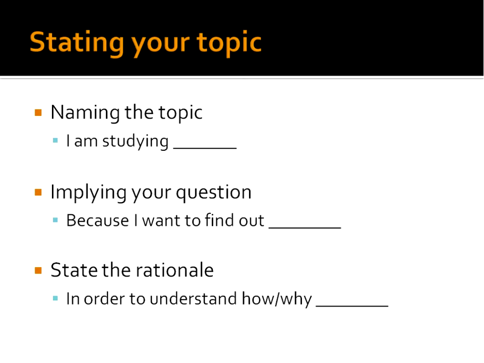It's a good way to think about what I should be submitting for this particular assignment, but also being able to talk about this topic with your professor. Professor, I need some help with my paper. Okay, well, what are you doing? What are you studying? I'm studying this thing because I want to find out this other thing in order to understand the other thing.